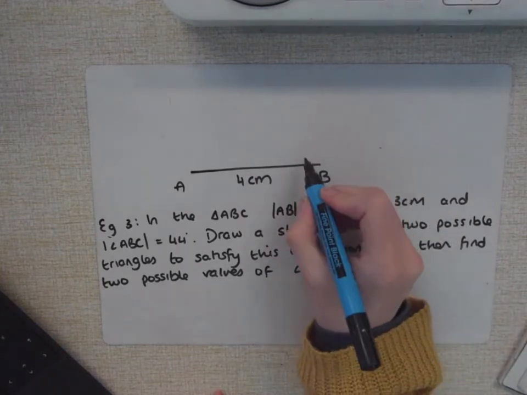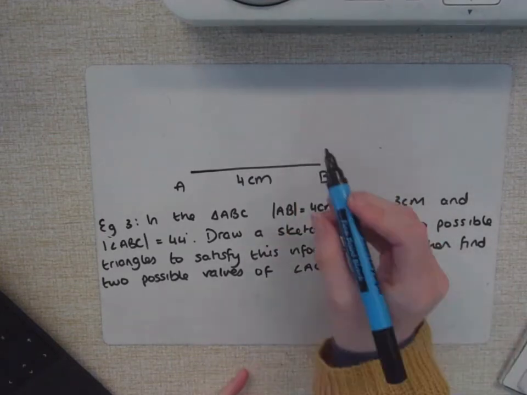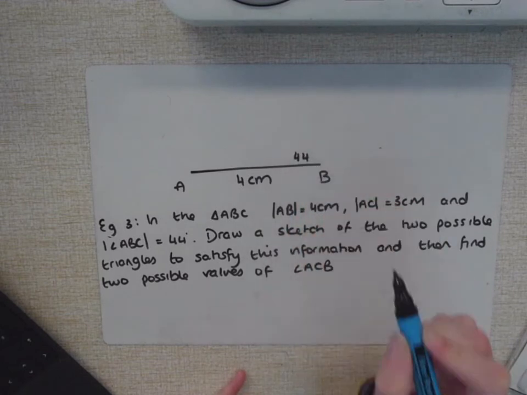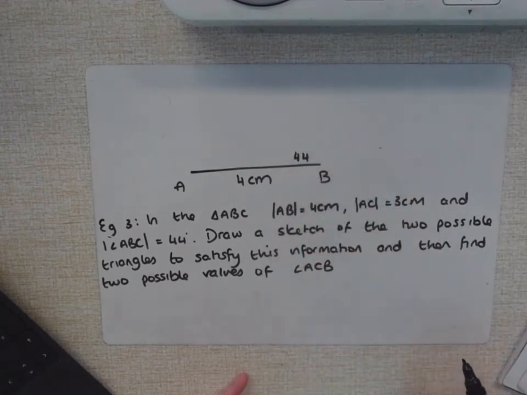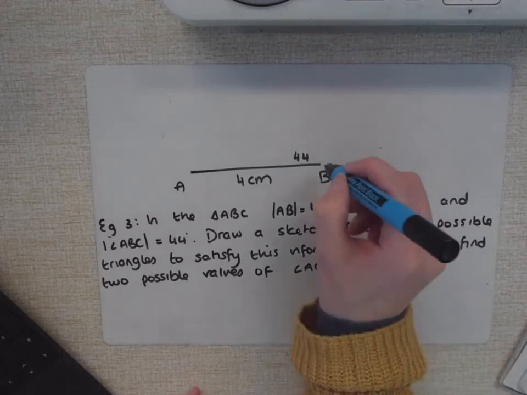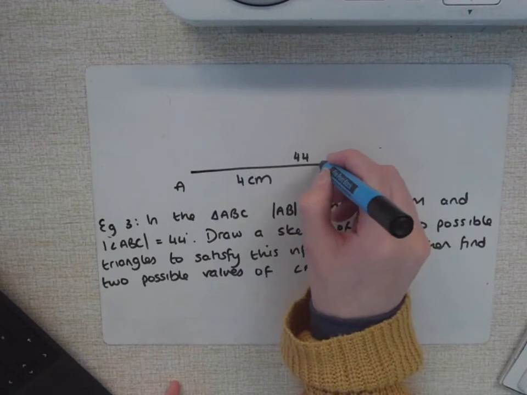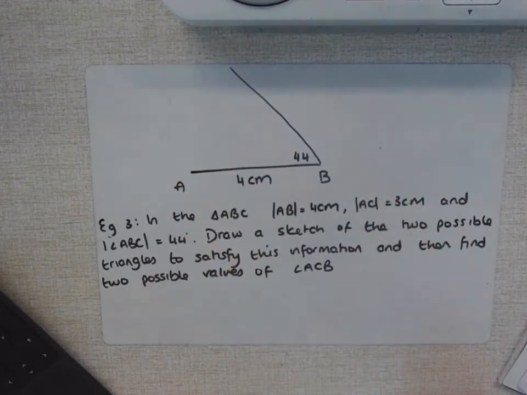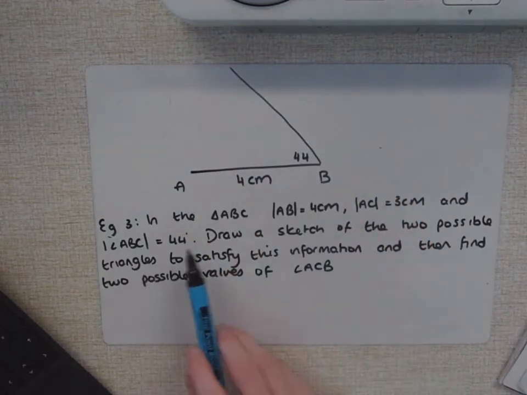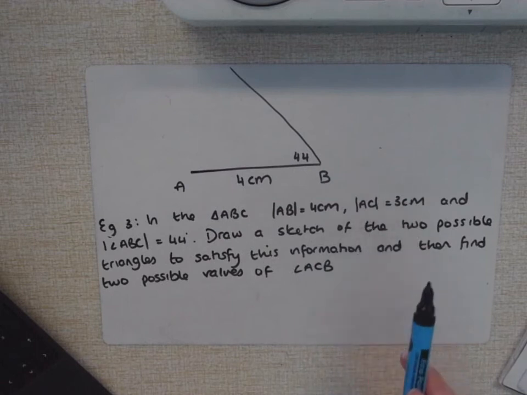So I know this angle here is 44. I would use my protractor and I would measure 44. Now, this is going to be a big long line. It then tells me A to C is 3 centimeters.